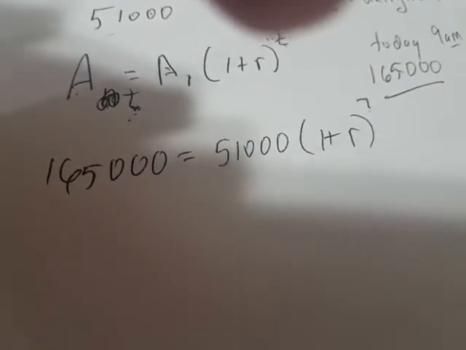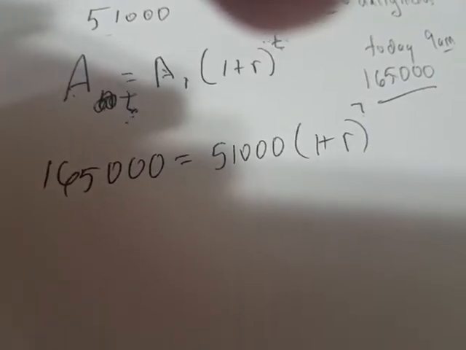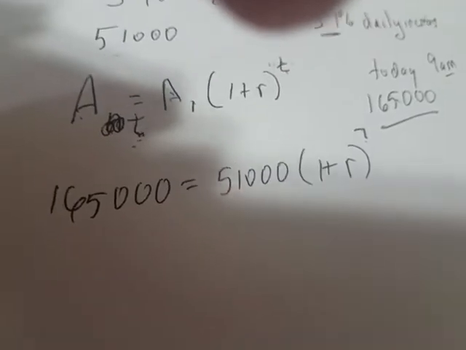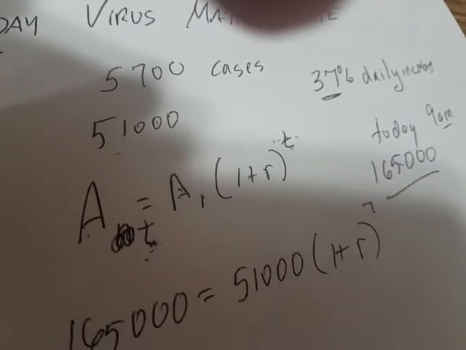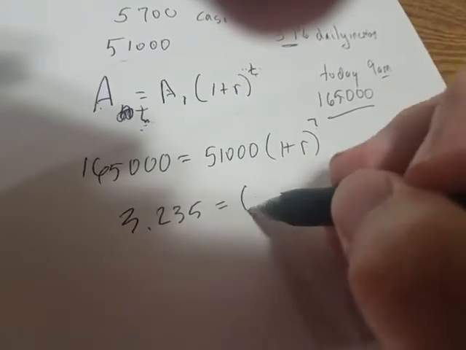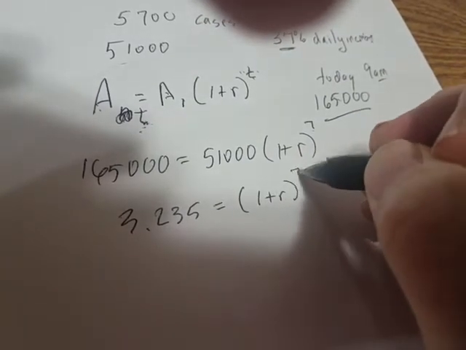So we're going to divide both sides by 51,000. We get 3.235 approximately equals 1 plus r to the 7th.